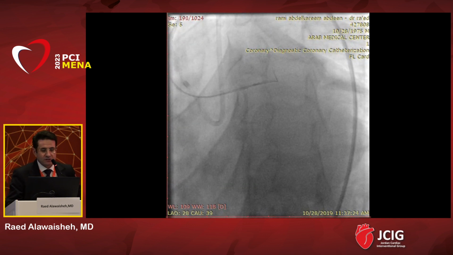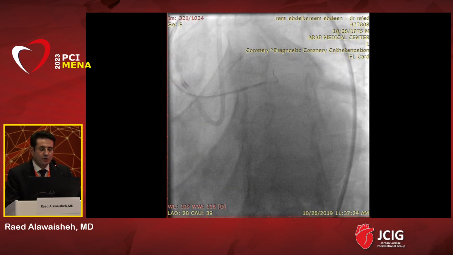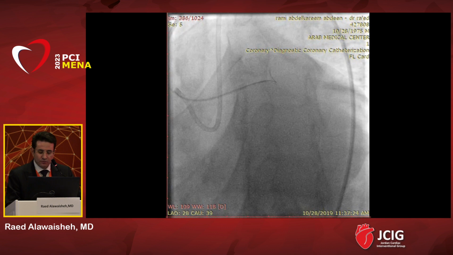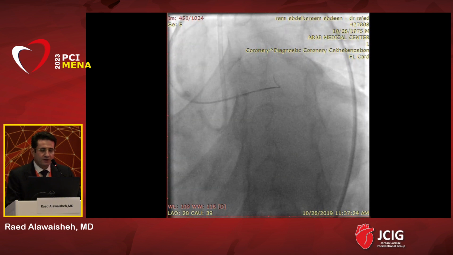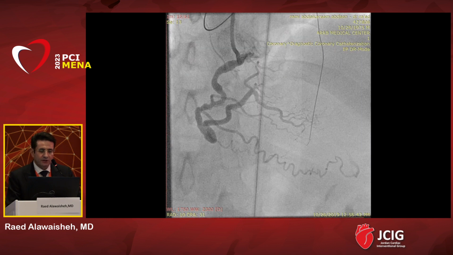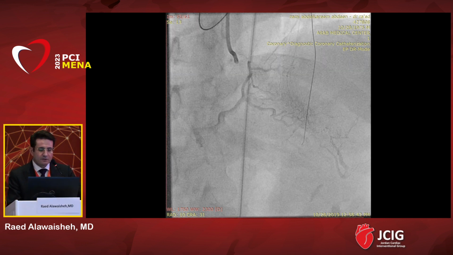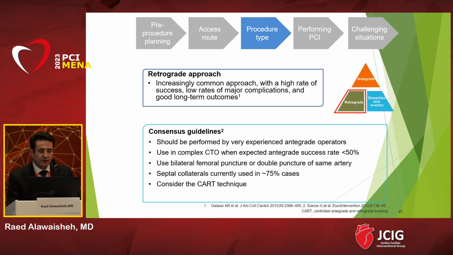So for the first trial, I went with the wire and the microcatheter as usual, and I succeeded in entering and finding the LAD, and followed it with the microcatheter, but unfortunately the wire is far away from the LAD, so there's some problem there. So I shifted to the retrograde approach.